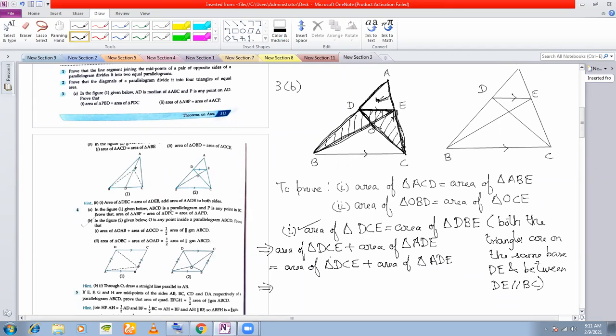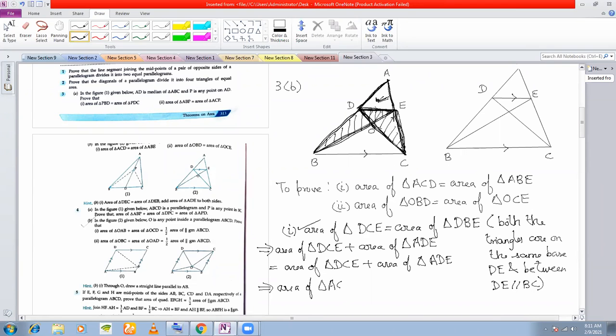Now look at the triangles DCE and ADE. What is the sum of these two areas? The sum of these two is area of triangle ACD.